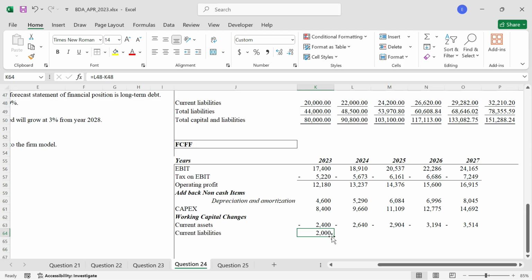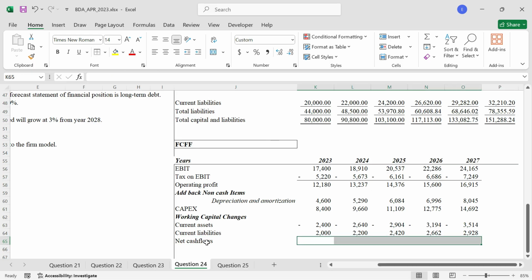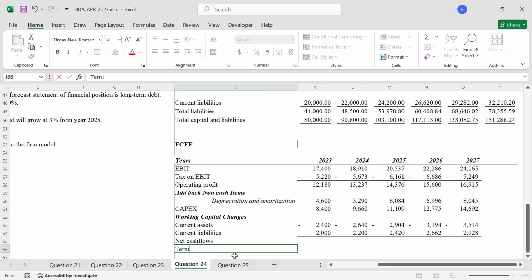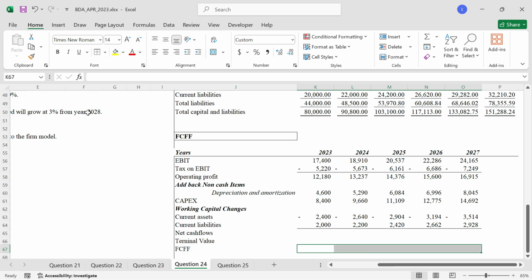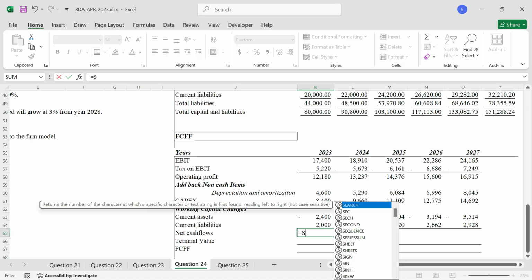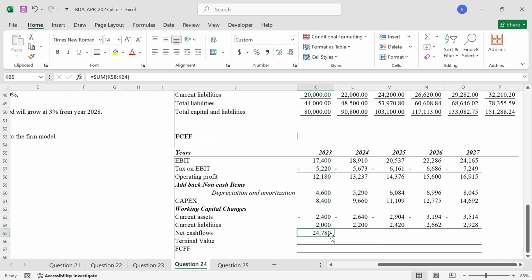From there, I will call this my net cash flows, because I'm yet to calculate what's called the terminal value to give me my free cash flows to the firm. So this would be the sum from the previous subtotal. I can copy this across.